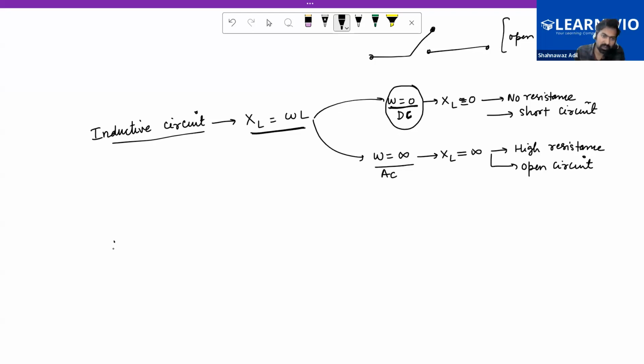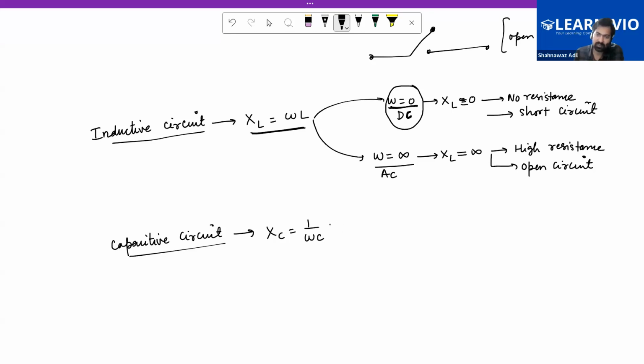And if you have a capacitive circuit, we have Xc, which is 1 over omega C. So what is this?